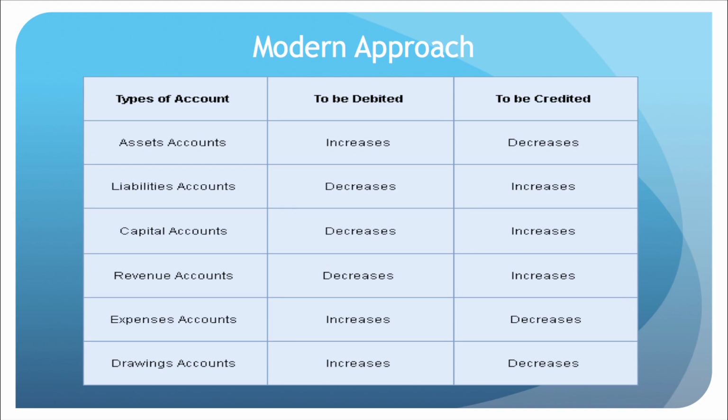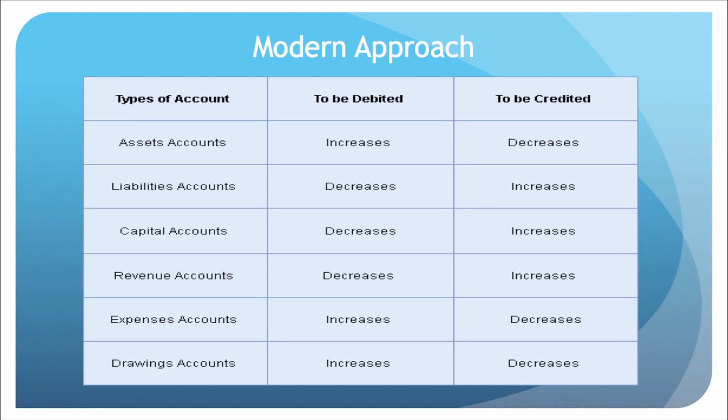Liabilities, if there is a decrease in the liability, then we will debit it. Means if we pay a bank loan by a certain amount, it will reduce by that amount. So in that case, the bank loan account will be debited because there is a decrease in liability.